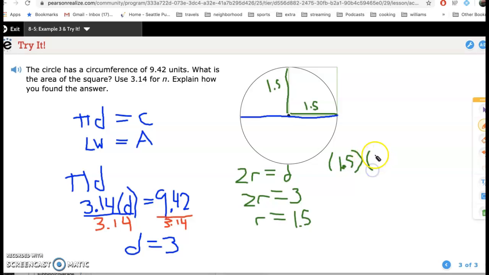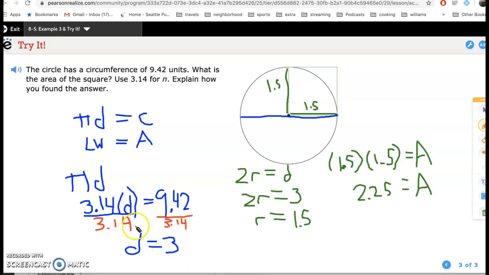And we'll multiply that times 1.5 equals our area, right? Because this is 1.5 and this is 1.5. So we multiply those out, we end up with 2.25 equals the area of a square.